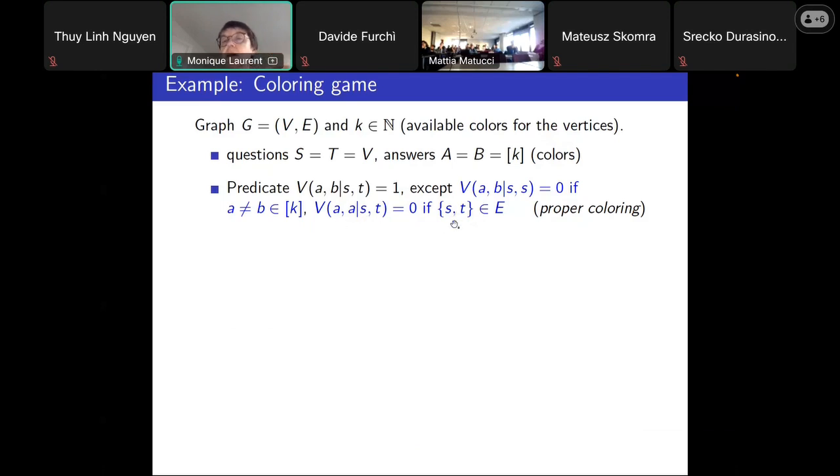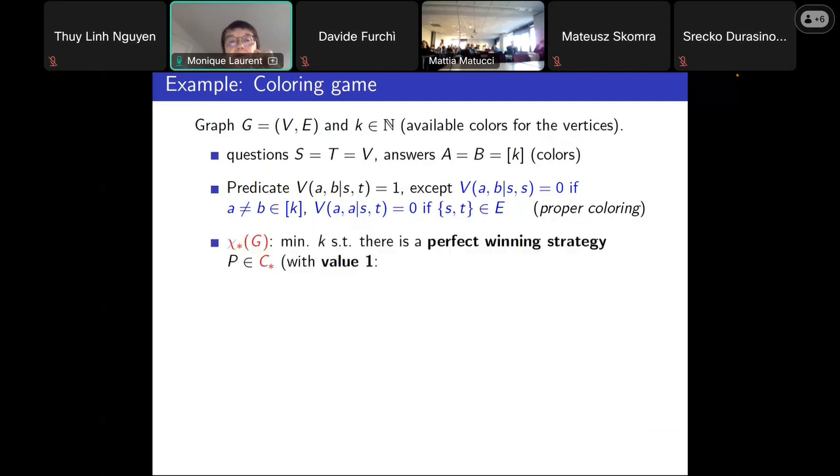So the predicate is designed to model a proper coloring of the graph. And then you may call chi star of G the minimum k for which there exists a so-called perfect winning strategy. That means a strategy with value 1, which means that you never make a decision which corresponds to predicate value 0.